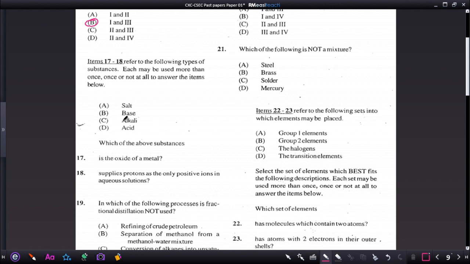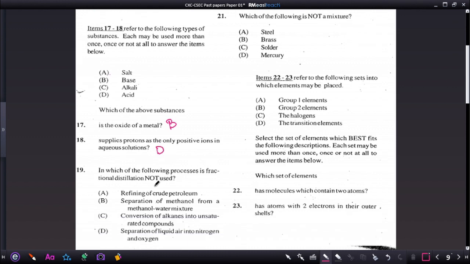We know that metals form the basic oxides and non-metals form the acidic oxides. So 17 would be B. 18, supplies protons as the only positive ions in aqueous solution, and that's acid. So 18 would be D.